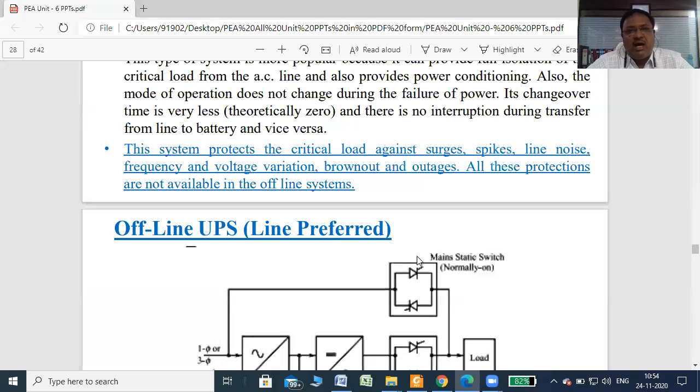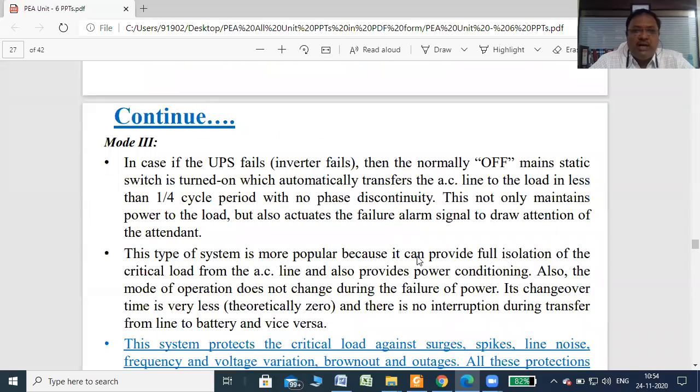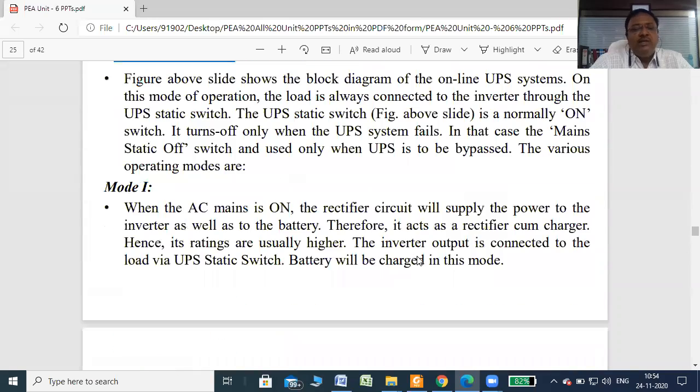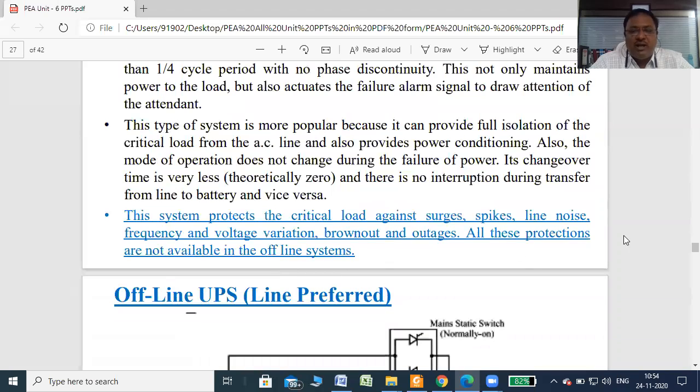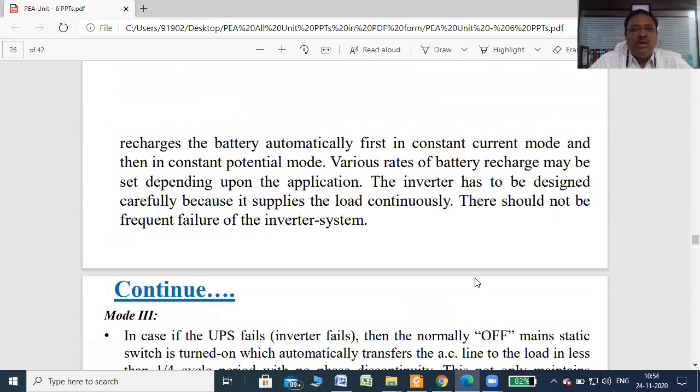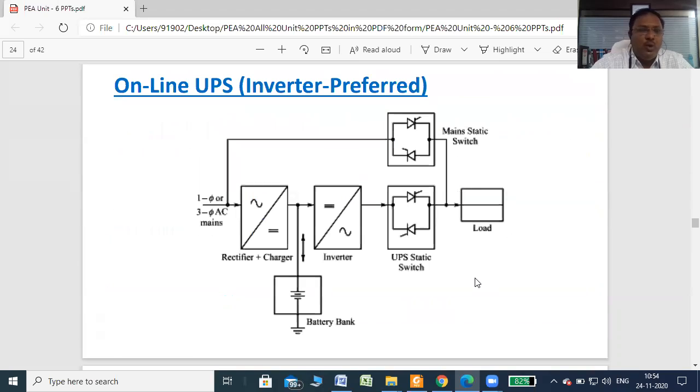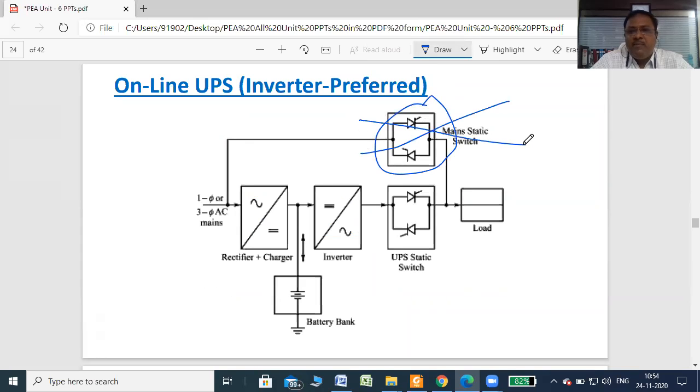These are the advantages of the online UPS. I'll explain how it protects your critical load: the mains switches are continuously off, which means the supply is not given directly from the input source to the load.